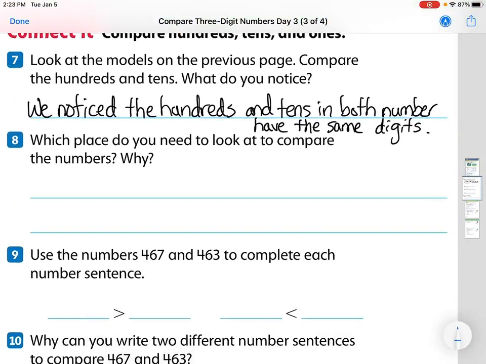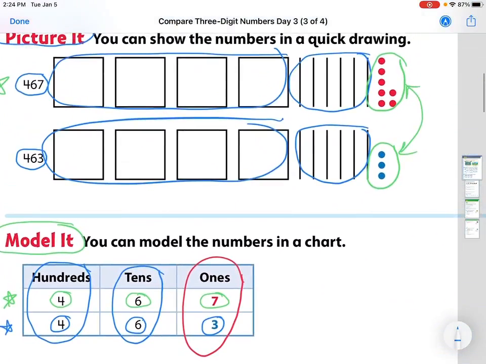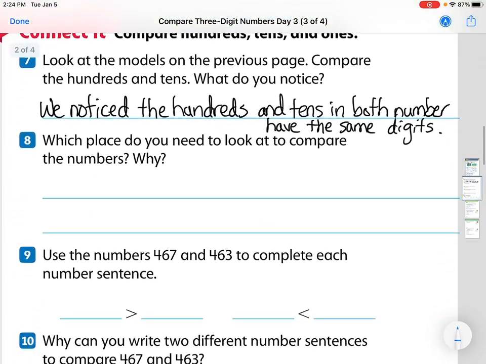The next question says, which place do you need to look at to compare the numbers and why? Well, we know from looking at the previous page that since the hundreds are the same in both numbers and the tens are the same in both numbers, we need to compare the numbers in the ones place, right? Okay, so that's what we write.